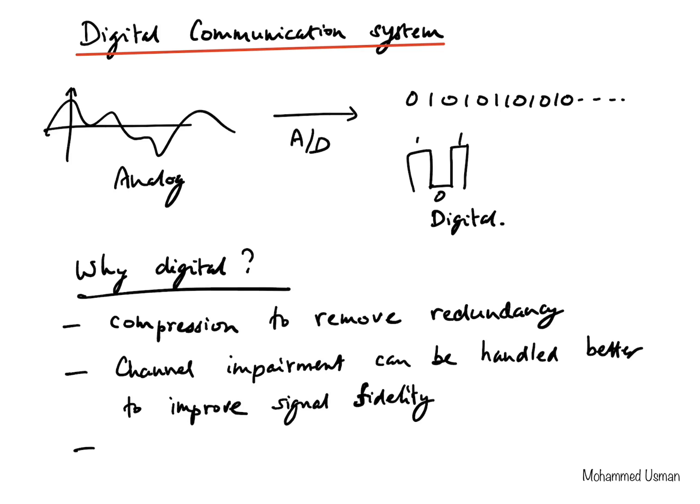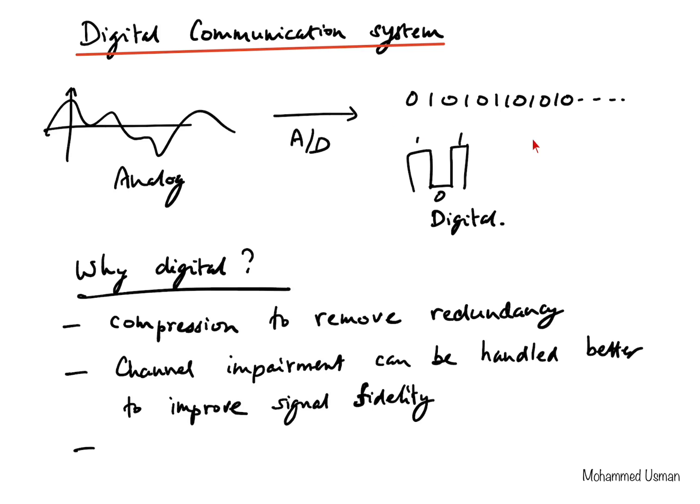And finally, there are a lot of good signal processing techniques which can be applied to the digital signal for a variety of purposes. We have seen compression already, and channel impairment handling, which is called channel coding. We can also do encryption for security, for example, because a lot of sensitive, personal information is being transmitted nowadays. So we want to make sure that it is protected and not stolen by unwanted people.